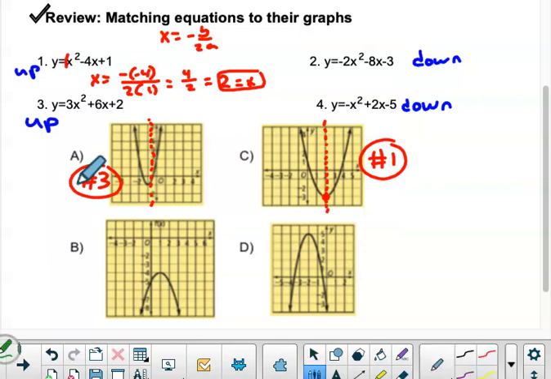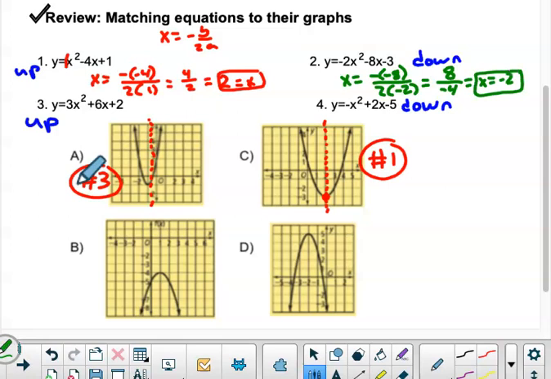Now I need to look at the two that open down. So let's look at the axis of symmetry for number 2. It would be negative 8 over 2 times negative 2. Okay? Negative 8 up top is positive 8. 2 times negative 2 is negative 4. So x is going to equal negative 2 for this axis of symmetry.